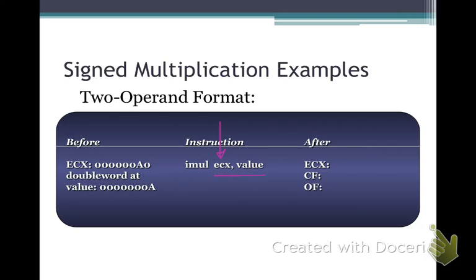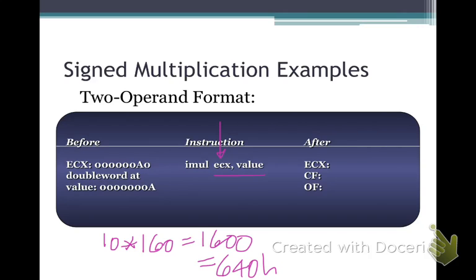So I am multiplying the double word at value, which is 10, times ECX, which is 10 times 16, or 160, and I get 1600, which is 640 hex.